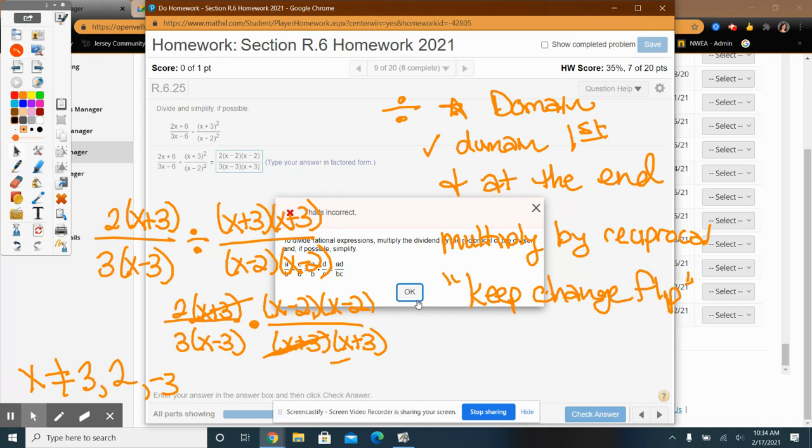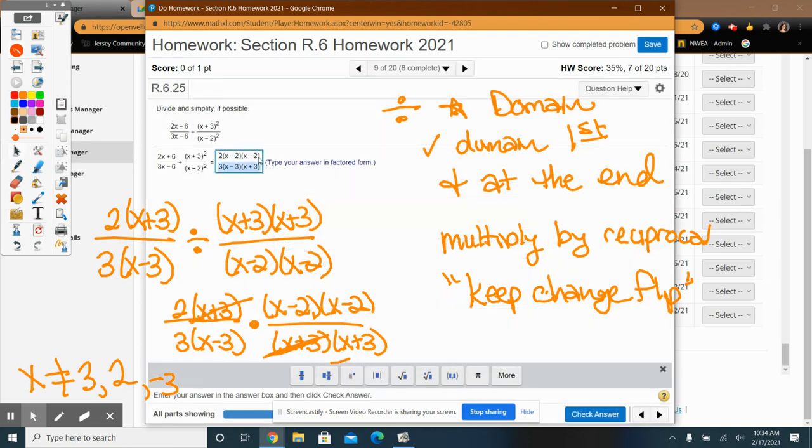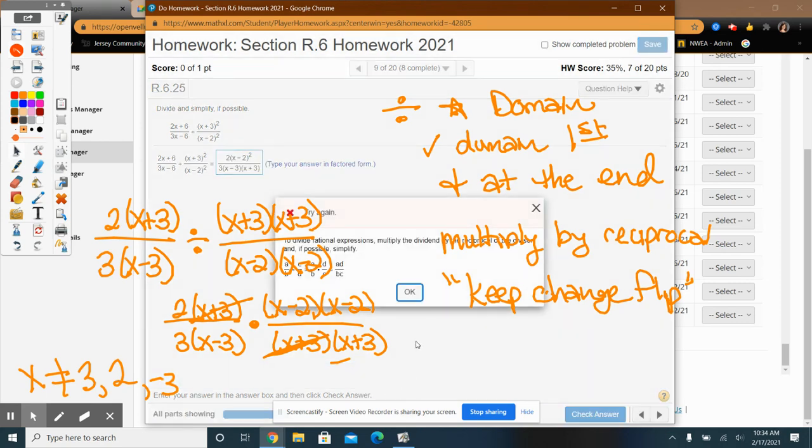What do they want me to put? Maybe they want me to put the x minus 2 squared. Hmm. Oh, here it is.